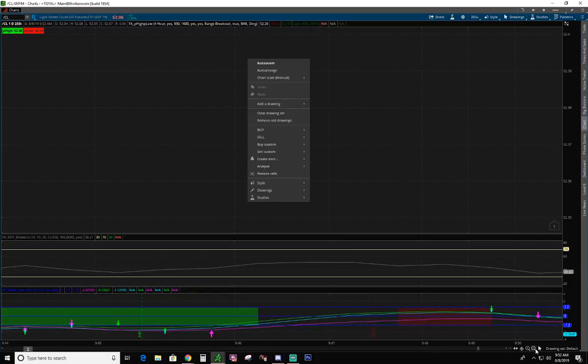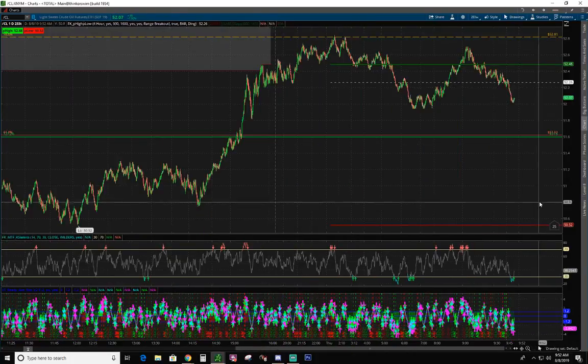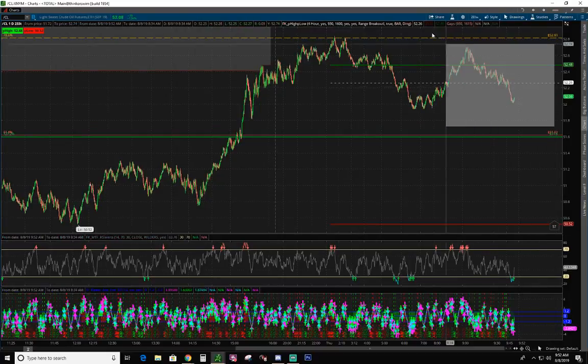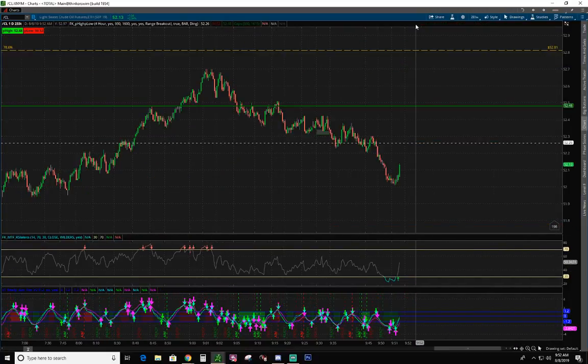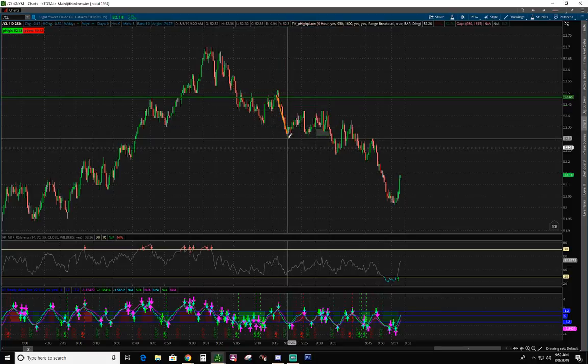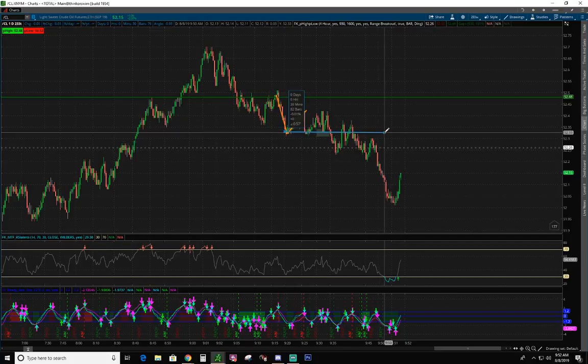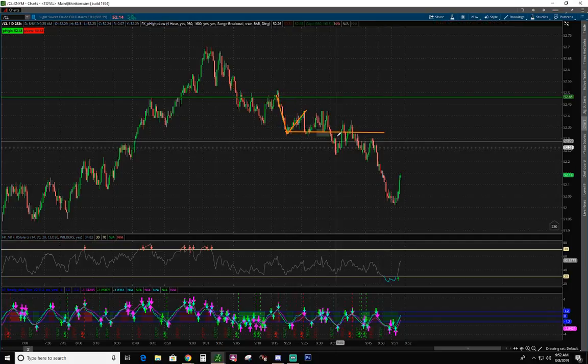Okay, so let's do a lesson real quick. Why not the two-step? It was a two-step, but I've kind of modified it. In regards to this, we look for a pullback, and we want to short just below that, right? The low.